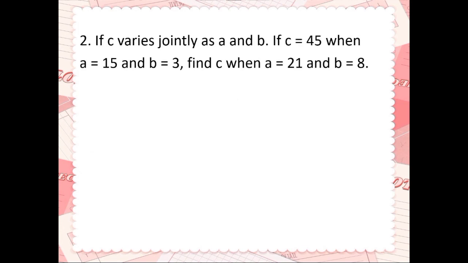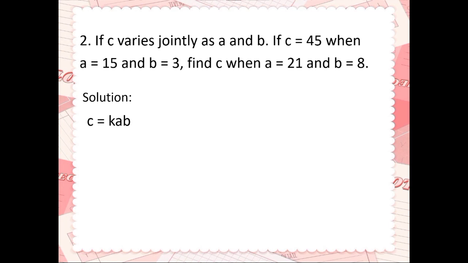For number 2, if C varies jointly as A and B, then if C is equal to 45 when A is equal to 15 and B is equal to 3, let us find the value of C when A is equal to 21 and B is equal to 8. So for the solution, let us have C is equal to KAB.